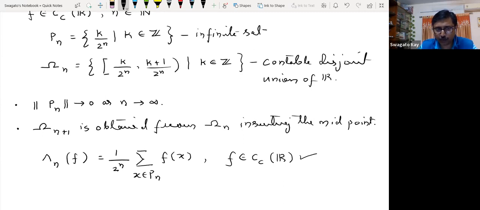So if you look at the omega n above, which is written here, if I give you a compactly supported continuous function f, think of omega n as a partition of the whole of the real line and construct a Riemann sum out of omega n. What will you construct? Have you understood my question?